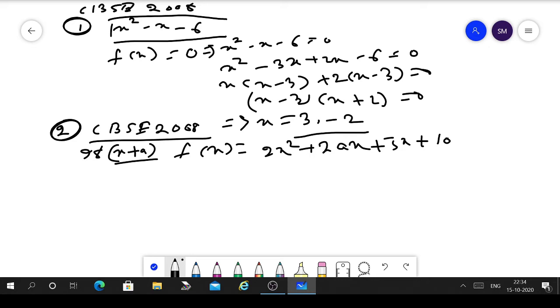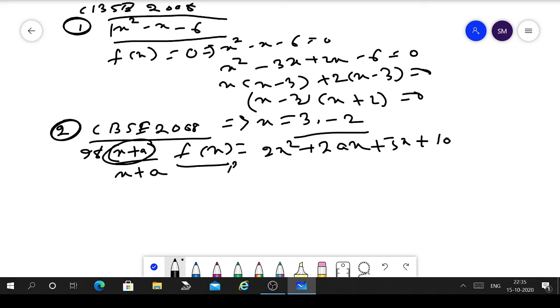As x plus a is a factor of f(x), by division algorithm r(x) is equal to 0.